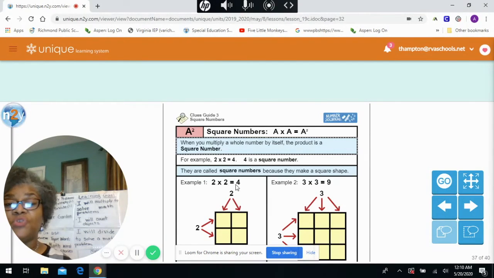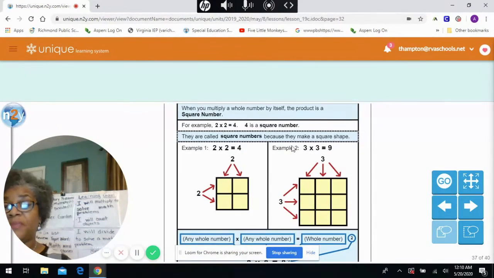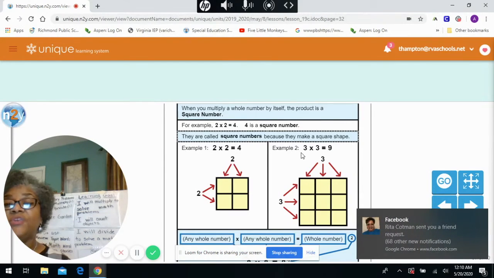So 2 times 2 equals 4. And here's your square. 1, 2, 3, 4. So 4 is our square number. The next example is 3. 3 times 3 equals 9. So 9 is your square number. So 3 squared equals 9 and 2 squared equals 4.